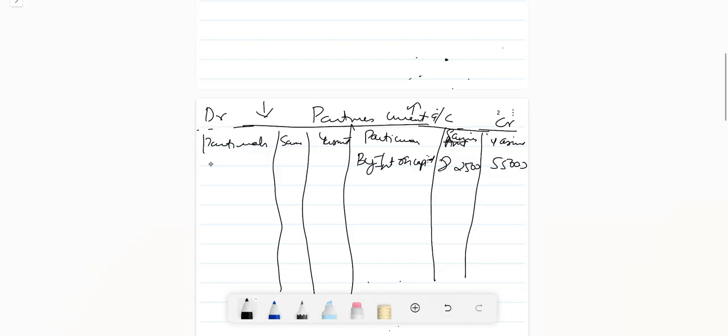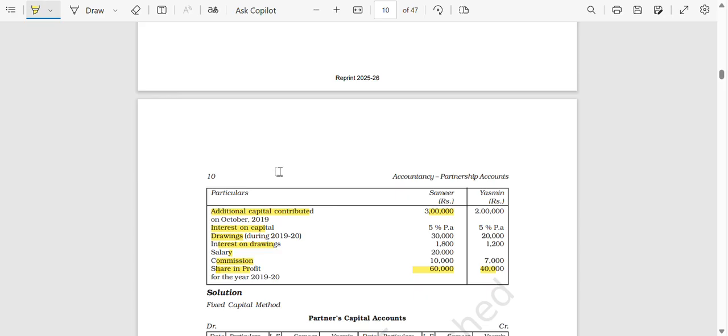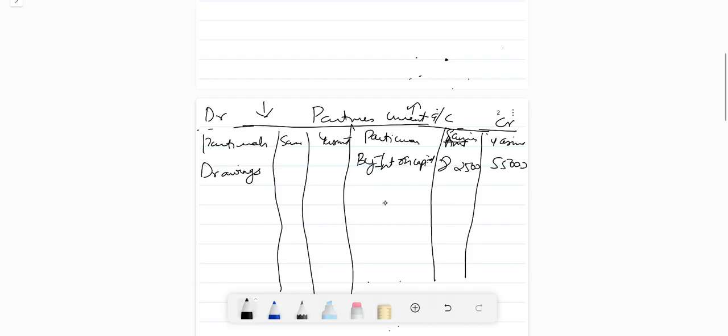Drawings will be on the debit side. Why? Because drawings is the money taken out by the partners. So the liability of the capital decreases. Drawings during the year 30,000 and 20,000.